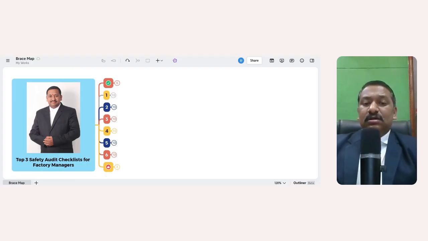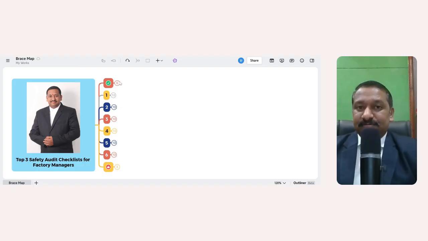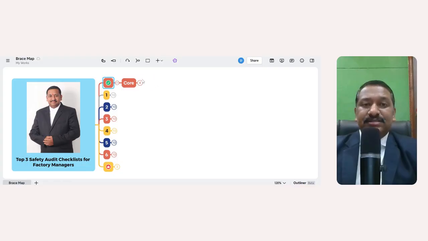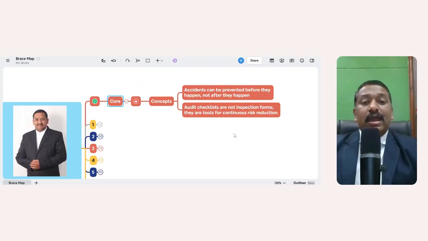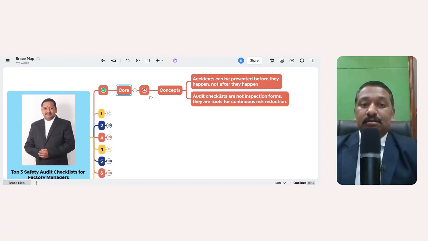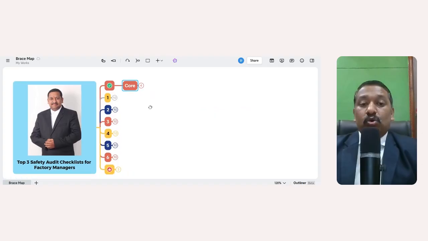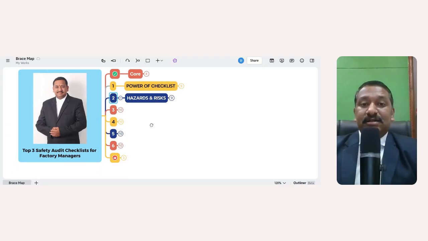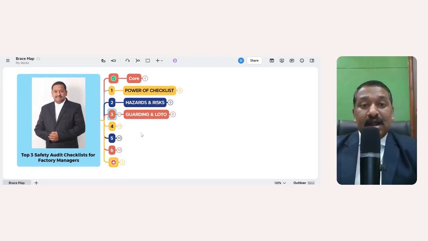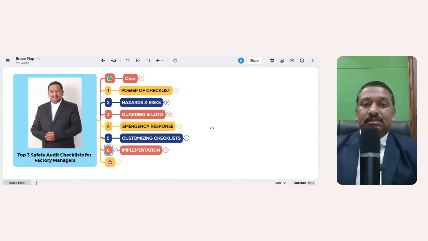So this top 3 safety audit checklist for factory managers consists of 6 key elements, and the core concept behind this is that every accident can be prevented before it happens, not after it happens. The 6 elements are: first, the power of a checklist; second, hazards and risk; third, guarding and LOTO; fourth, emergency response; fifth, customizing the checklist; and sixth, implementation.